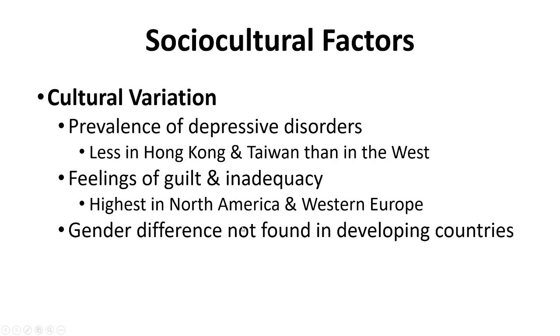And as you might expect, there are of course going to be a bunch of sociocultural factors. Society and culture have a major influence on how you perceive the world, so of course it's going to affect your predisposition towards depression. And we can see this in variation between different cultures.